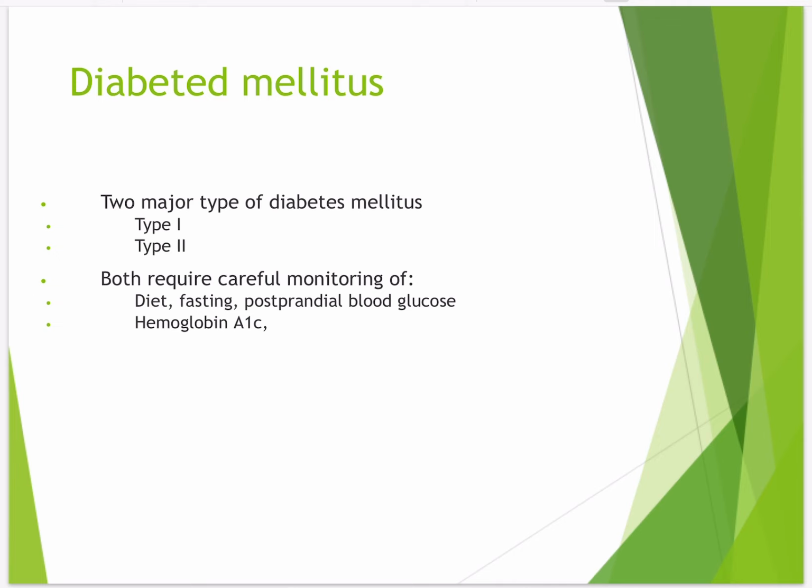We can classify diabetes mellitus mainly into 2 types. The first type is type 1, in which there is no production of insulin.